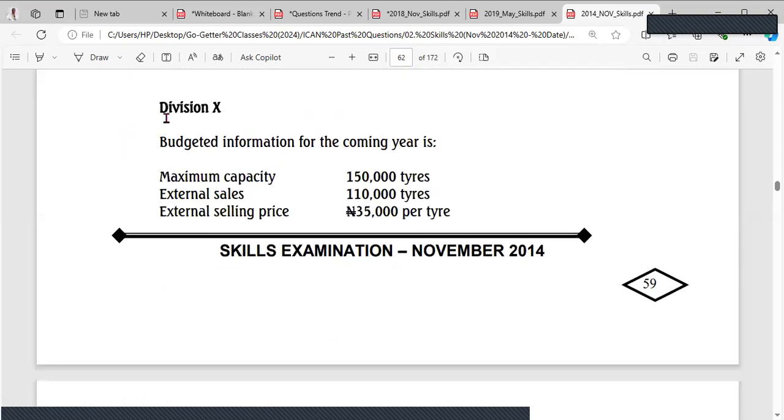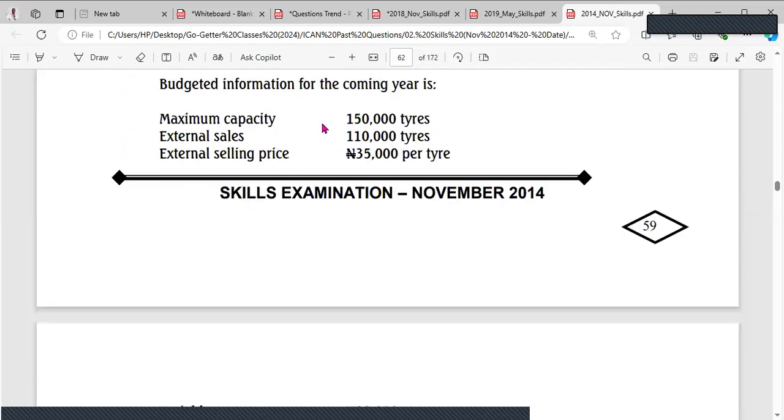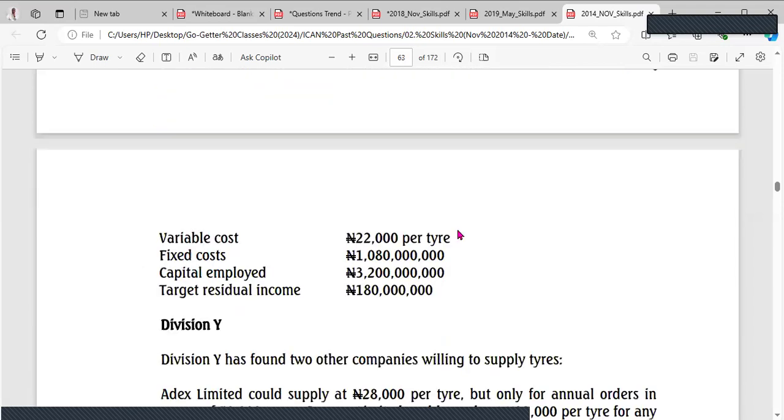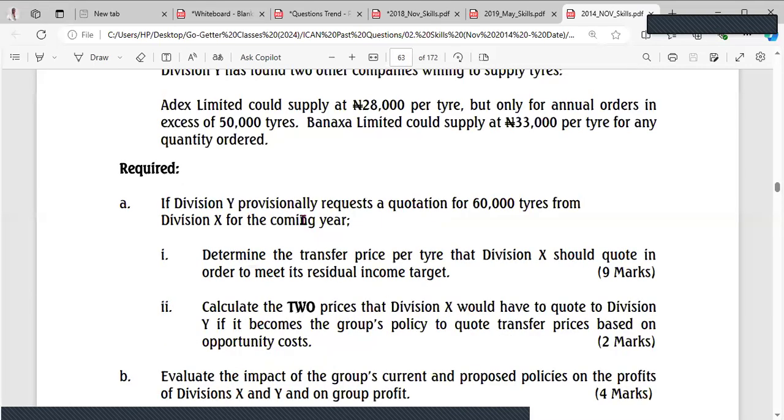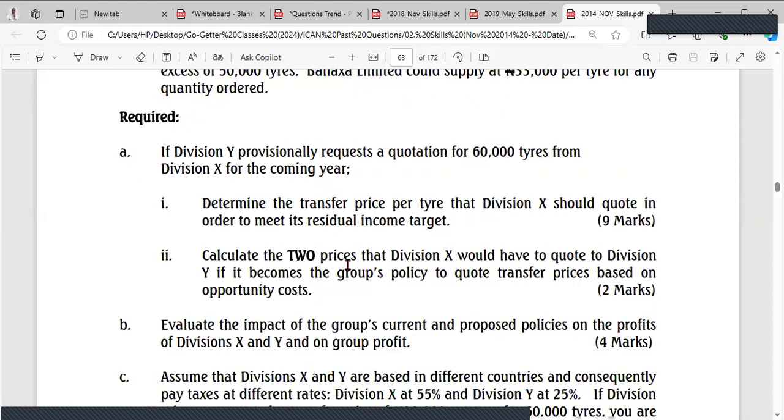Now, X budget, still the same thing, 150, 110, external price. If Y provisionally requests quotation of 60,000 tires from X, determine what it should quote to meet its residual target.